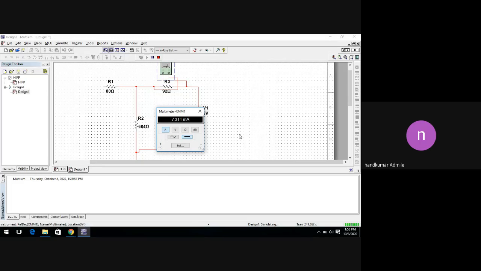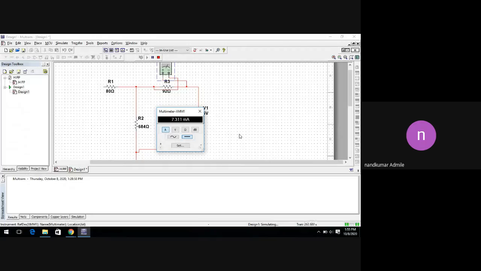How did you find the values of I1 and I2? You apply KVL to loop 1, then KVL to loop 2, and find the values of I1 and I2. Without applying the KVL rule, we can directly measure the values of I1 and I2 and put them in the formula. In this way we can derive the H parameters by using the simulation method.